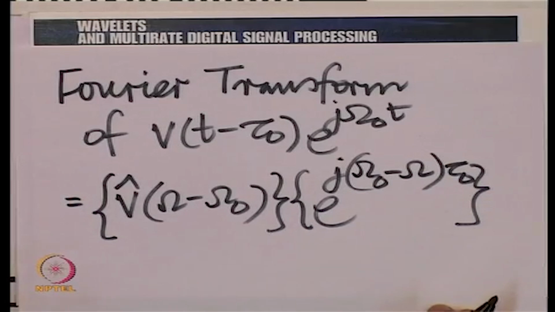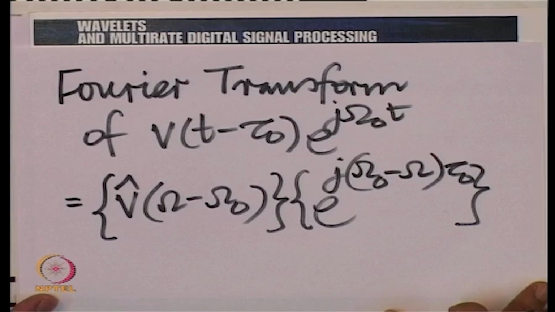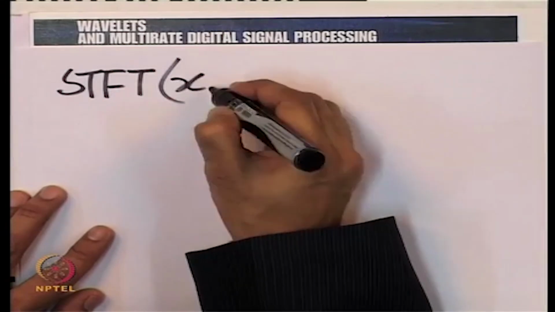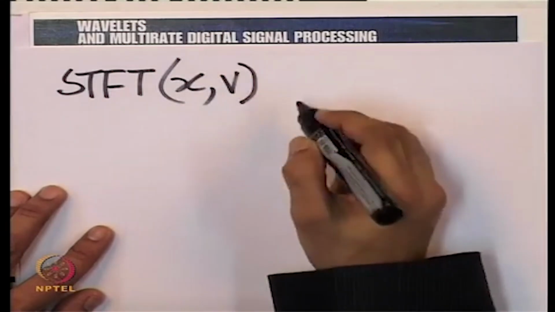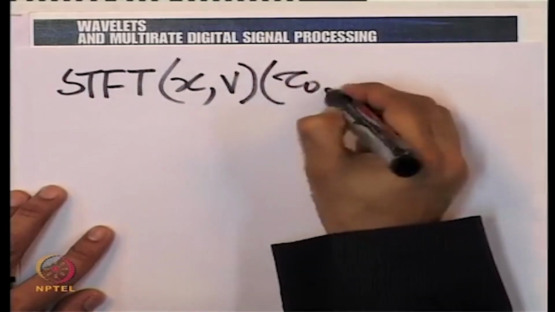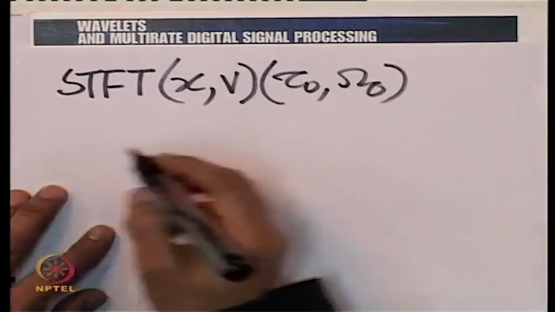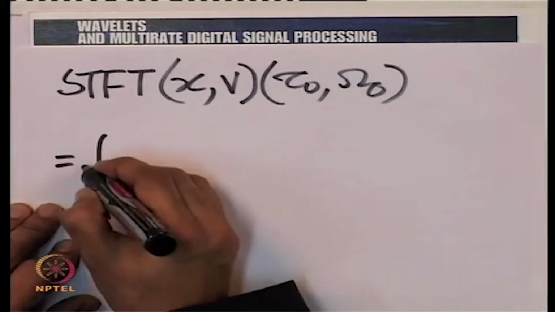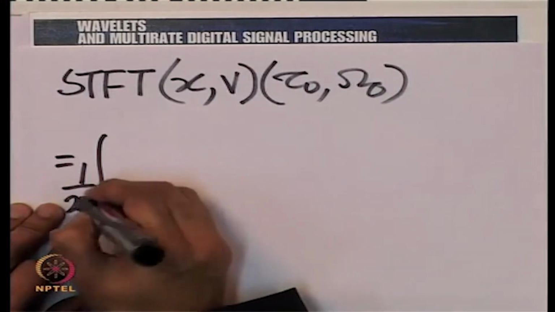And we shall substitute this in the Parseval's theorem expression. So, we have the short time Fourier transform of x with respect to the window V evaluated at tau naught and capital omega naught is essentially the following inner product with a factor of 1 by 2 pi, remember.